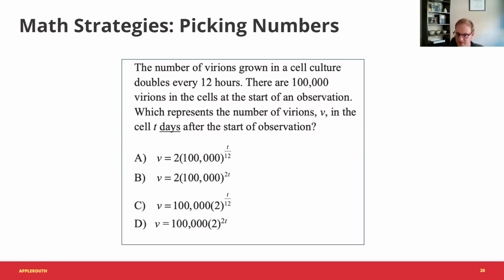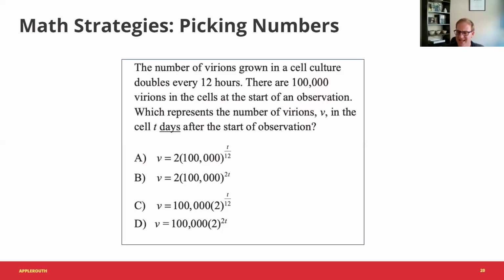There's 100,000 of these in the cells at the start of an observation, which if you know exponential modeling, and many of us do, it's not A or B, because the initial amount is the first thing that we're listing. So 100,000 has to be the first number. And then it's saying it doubles every 12 hours.